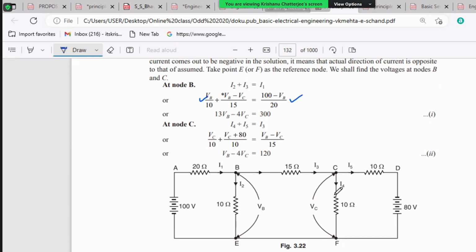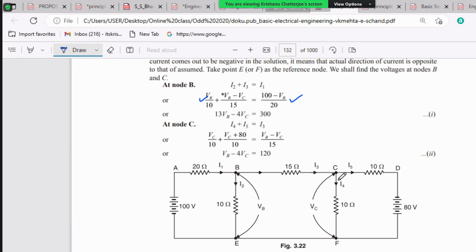I3 equals I4 plus I5, and I3 is the same thing, right? VB minus VC by 15. I4 you are getting VC by 10. Now I5 should not be VD minus VC.